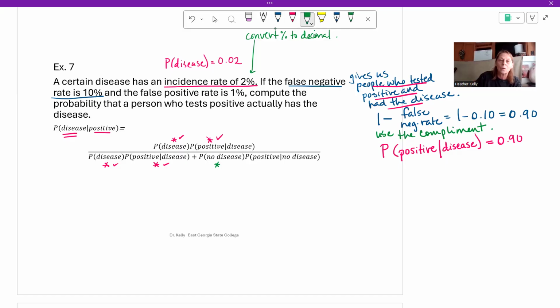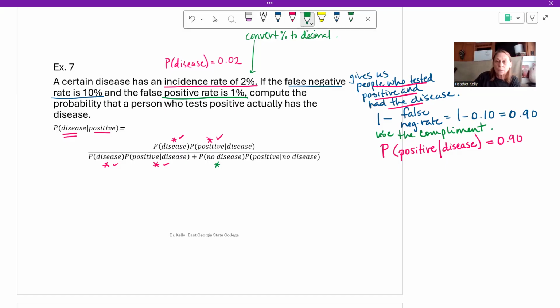Now that is called a false positive rate. So false positive rate is 1%. The false positive rate is the people that tested positive but do not have the disease.